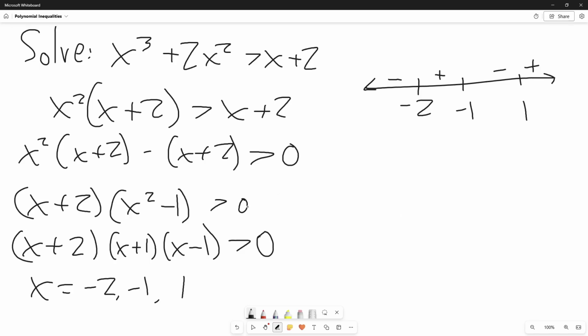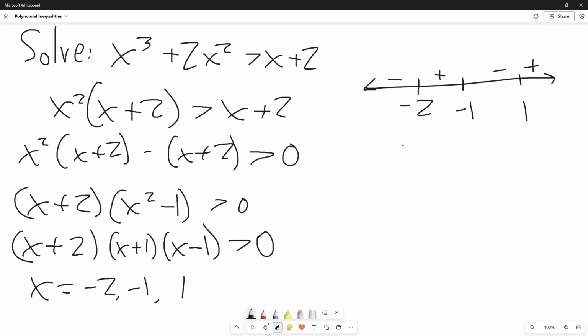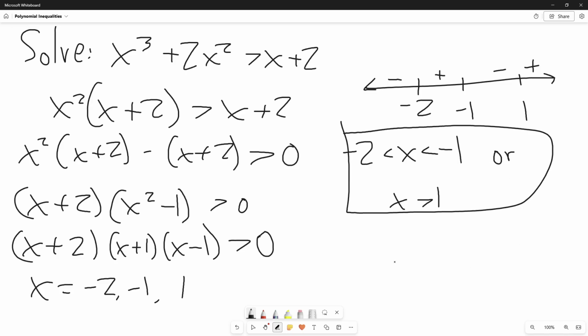And anyways, this question is asking for when this equation is greater than 0, so when it's positive. So the regions are going to be -2 is less than x is less than -1, or x is greater than 1. And that's your solution to this problem.